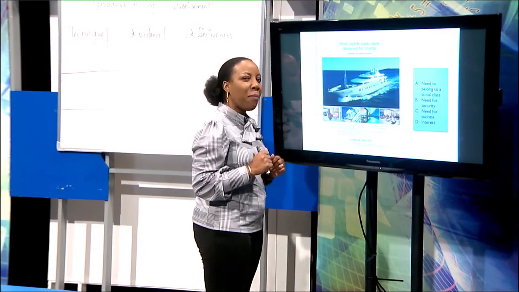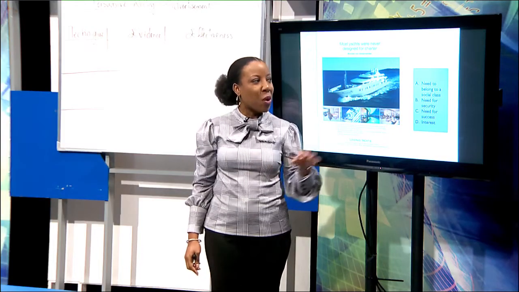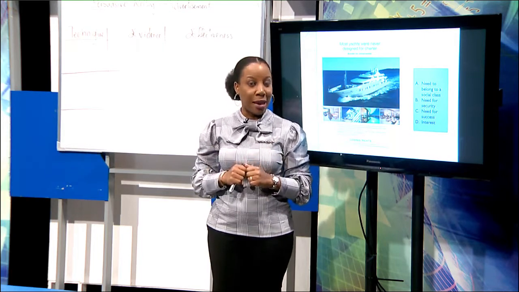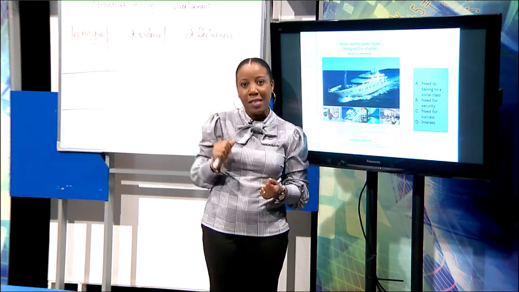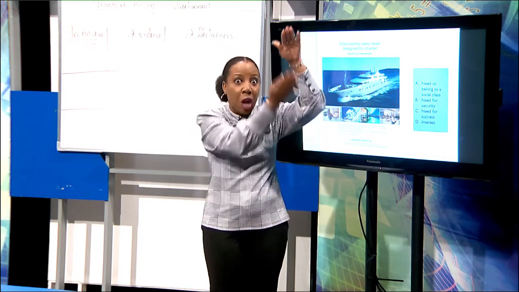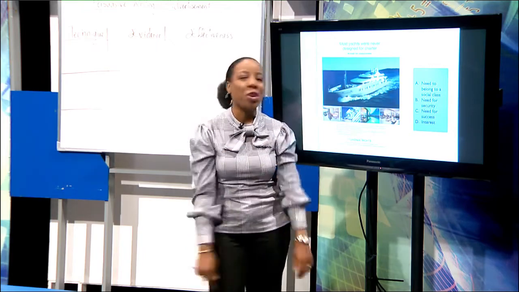So everybody can be successful, but we want to set up a demarcation between the people who own the yacht as opposed to the people who charter them or rent them or just go on them to spend holidays. So we're setting up the idea of belonging to a particular social class, because even in the upper echelon of society, that class is also stratified. People belonging to the top, the middle, and the lower strata. Understand? I'm sure you do.